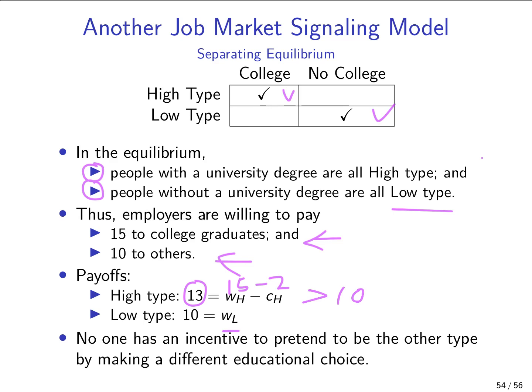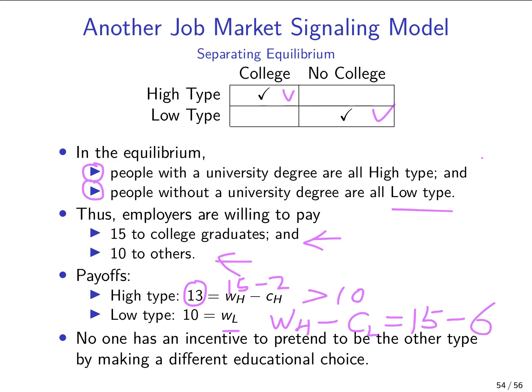And similarly, if the low type tries to pretend to be a high type, it would get paid as if it's a high type, which is 15, but it pays a cost. Moreover, the cost is going to be larger because it's a low type. So that would be 15 minus 6.